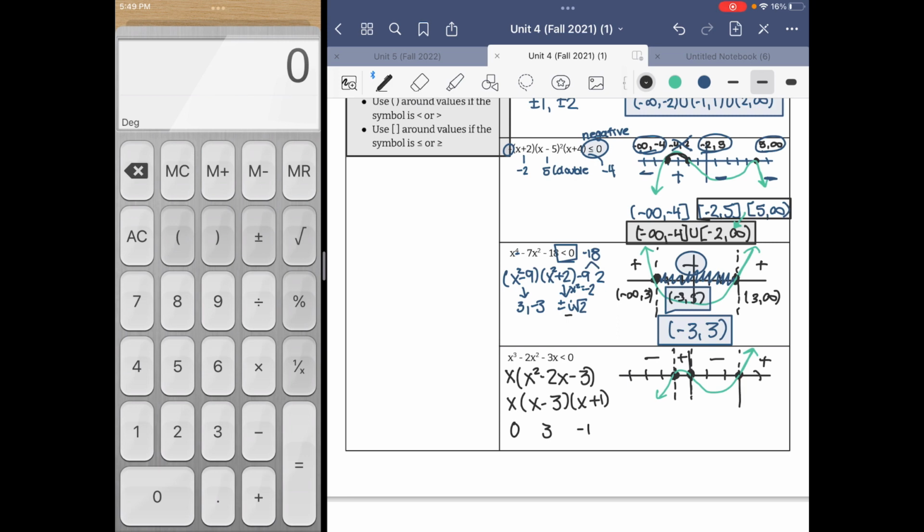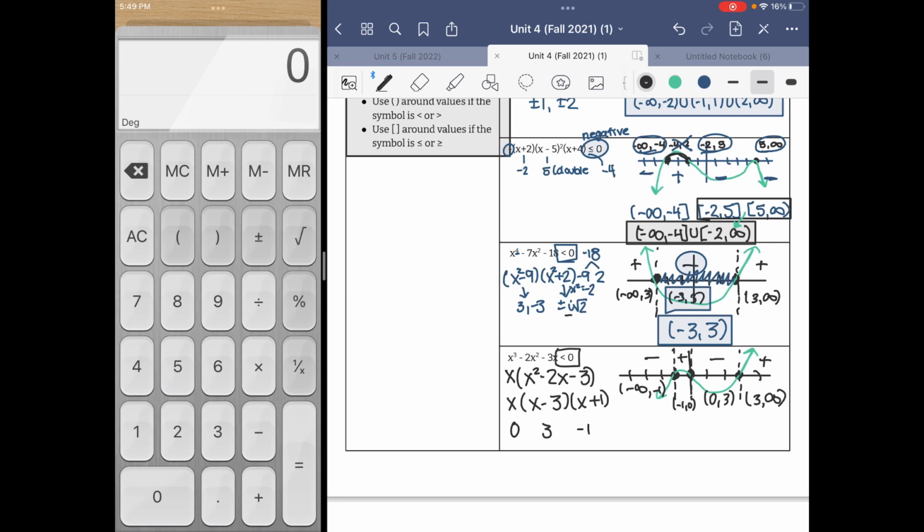And the intervals that this makes are negative infinity to negative 1, negative 1 to 0, 0 to 3, and 3 to infinity.